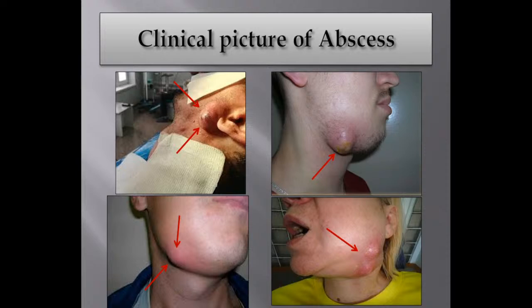Clinical pictures, and as you can see, it manifests very well, and it's understandable that it's an abscess. By clinical picture, we can't understand if it's an odontogenic abscess or another type of abscess. But here you can see an odontogenic abscess. The cause is a problem or disease of the tooth.